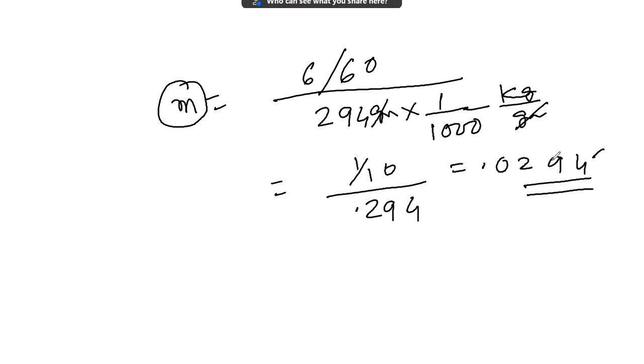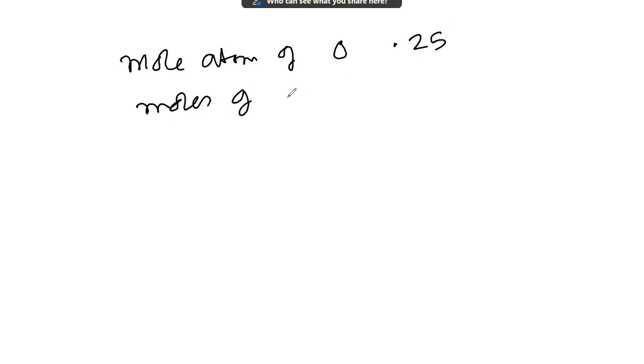In this case it is given: how many moles of magnesium phosphate are there in 0.25 mole of oxygen atom? Mole atom of oxygen is given as 0.25. They are asking the moles of magnesium phosphate.